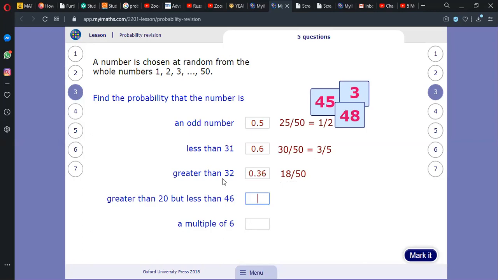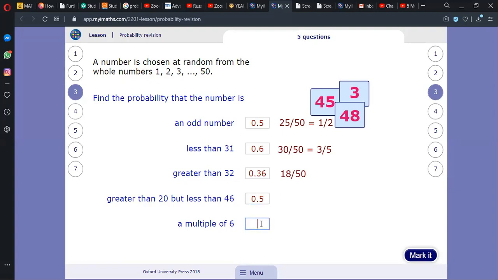So you start with 21, 22, 23, 24, 25, 26, 27, 28, 29, 30, 31, 32, 33, 34, 35, 36, 37, 38, 39, 40, and then up to 45. So you have about 25 numbers right there. So you expect to land on 0.5 for this as well.